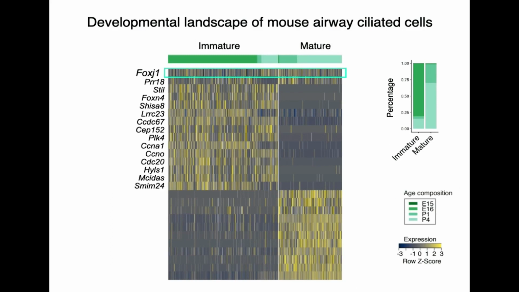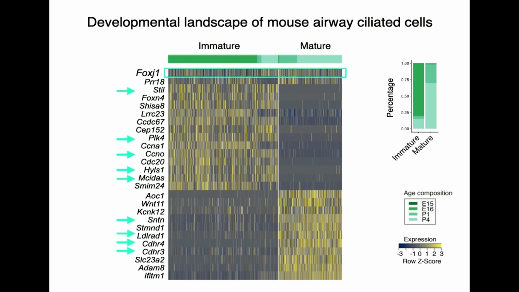But if you look at the overall transcriptomes, the immature and the mature ones are actually quite different. So there are a lot of genes responsible for the structural components and the construction of cilia that are highly expressed in the immature stage, whereas in the mature stage, a lot of the markers that are responsible for signaling are upregulated at that stage.